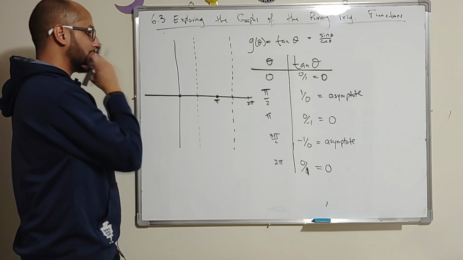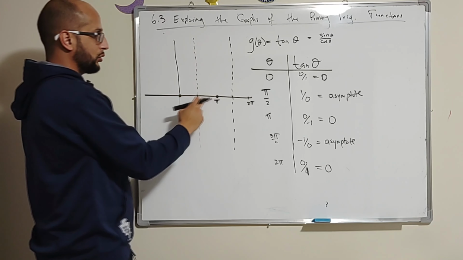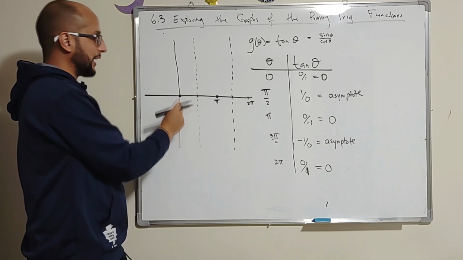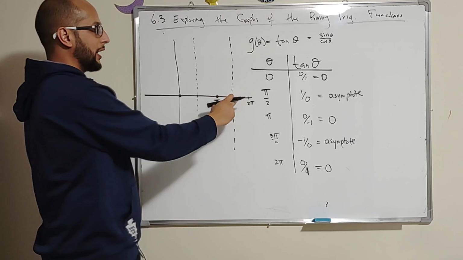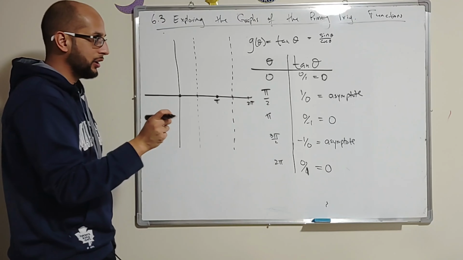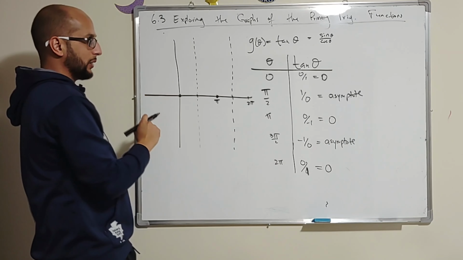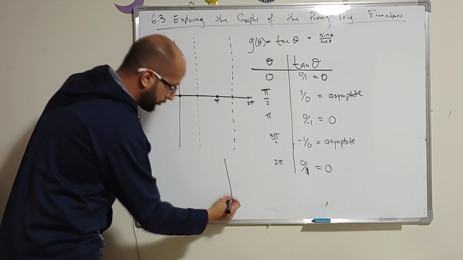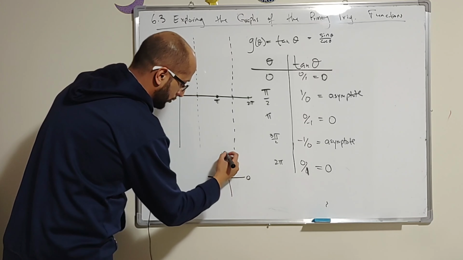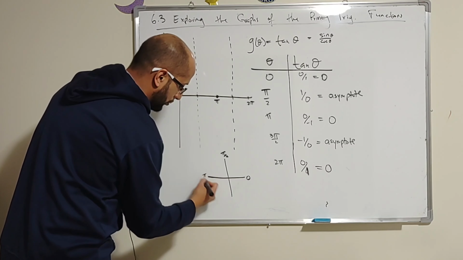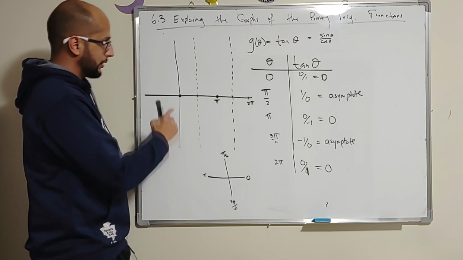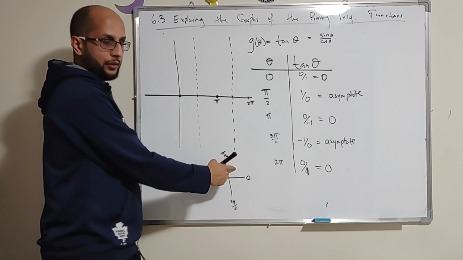Now, we have our function: 0, pi over 2, pi, 2 pi. We have each of these points, what's happening at 0, at pi over 2, at pi, at 3 pi over 2, and at 2 pi. What we need to figure out is what's happening in between. 0 to pi over 2 is quadrant 1.